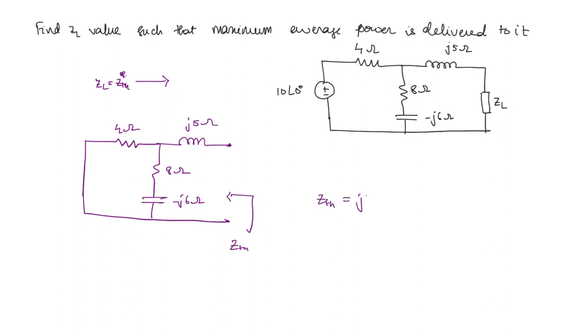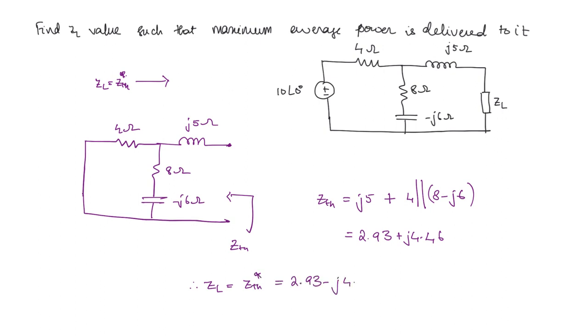ZTH is equal to J5 is in series with the 4 ohm parallel to 8 minus J6. The final answer you are going to get 2.93 plus J4.46. Therefore, what should be the value of ZL? This is equal to ZTH conjugate, which is equal to 2.93 minus J4.46 ohms.